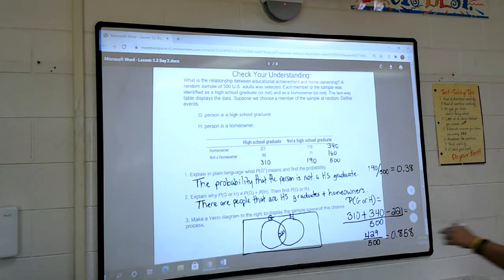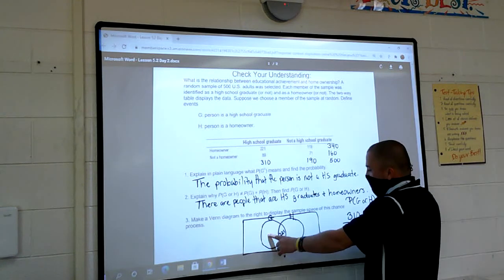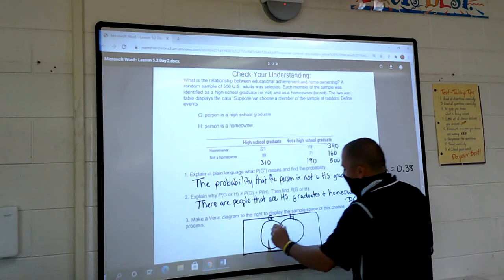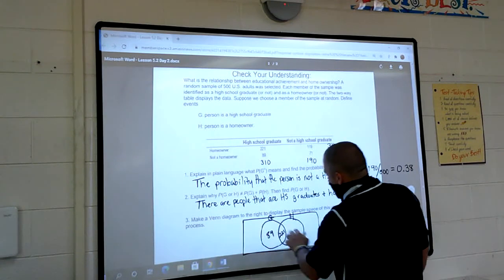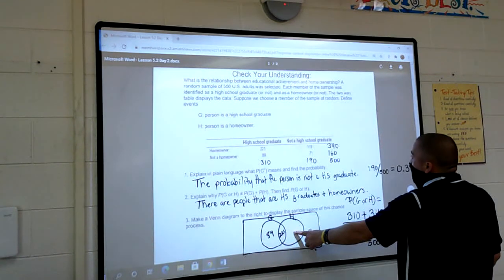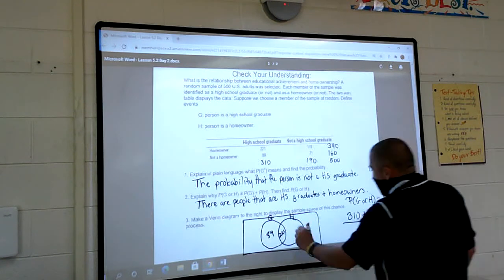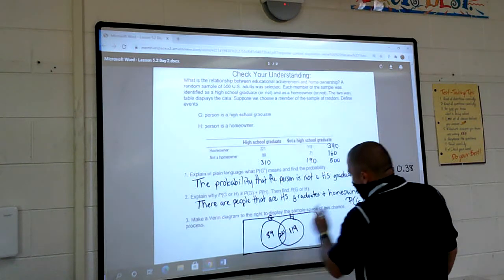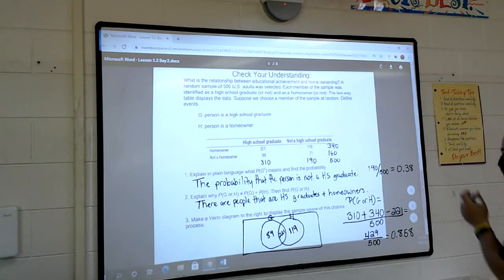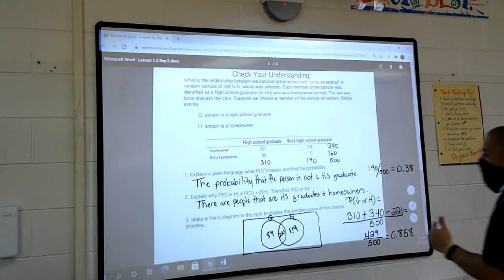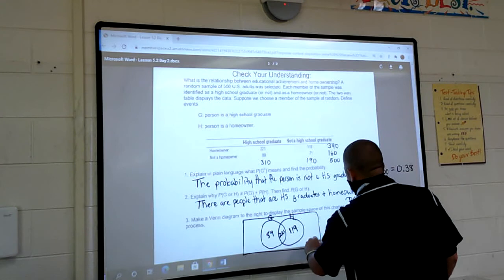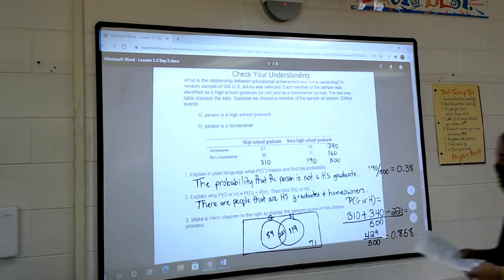So they would be over here. They're graduates, but they're not homeowners. 89. How many are homeowners but not graduates? 119. And then if you notice in the very bottom, you're going to have people that aren't in either group. So they're not a high school graduate and they're not a homeowner. That's your 71.